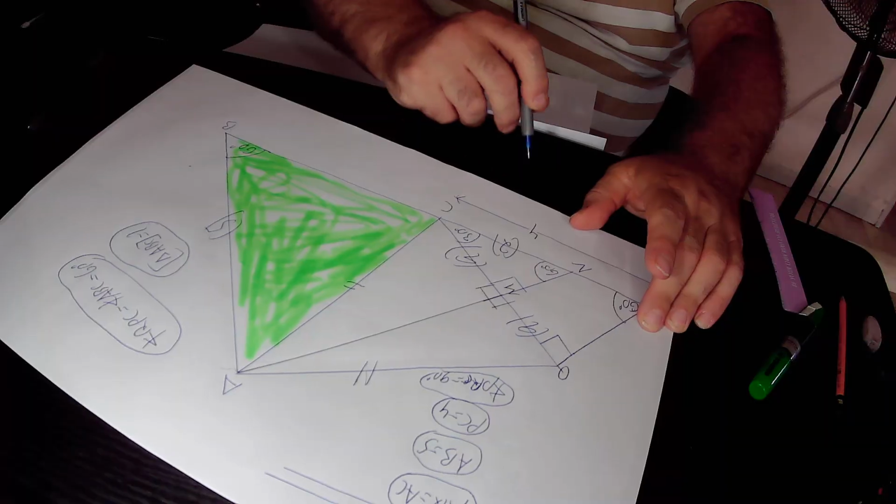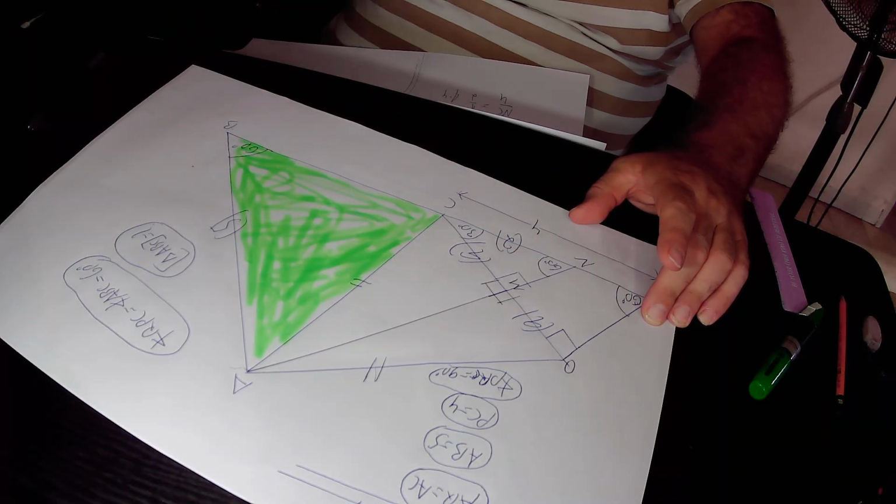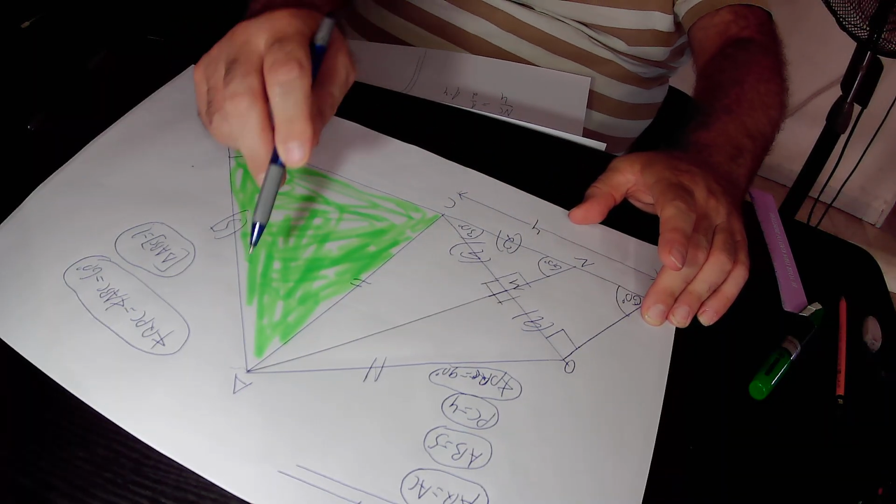In the next step, I'll copy the big triangle AMB in a new page, and we will analyze this big triangle.